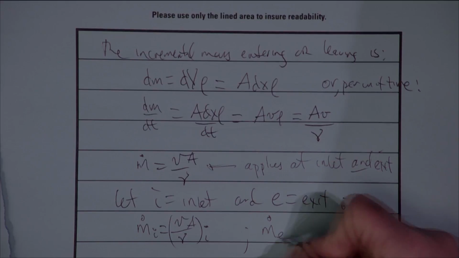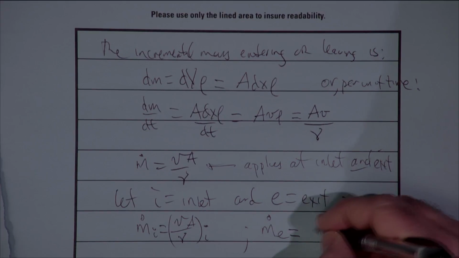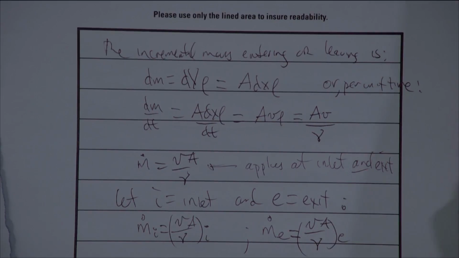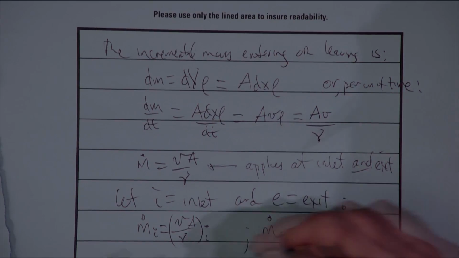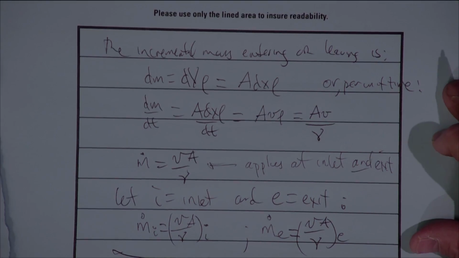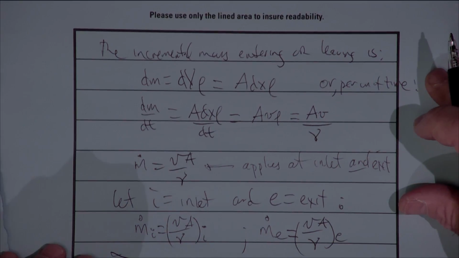And similarly, the mass flow rate at the exit is going to equal the velocity times the area over specific volume at the exit. So these two equations are going to be very useful for us. Of course, we'll eventually see how they're going to be useful, but we'll get to that shortly. Well, actually, it'll be on Friday that we get to it.